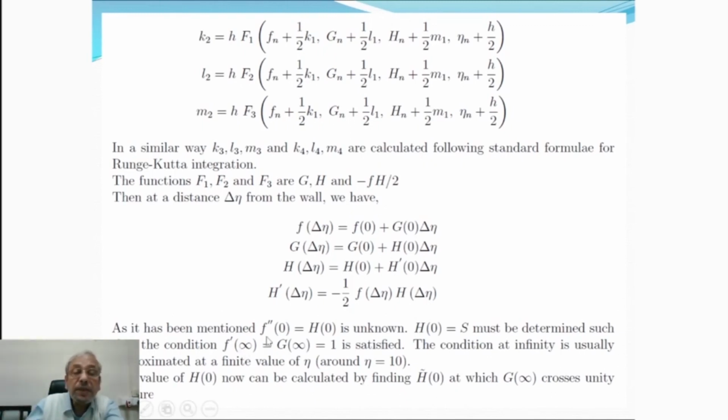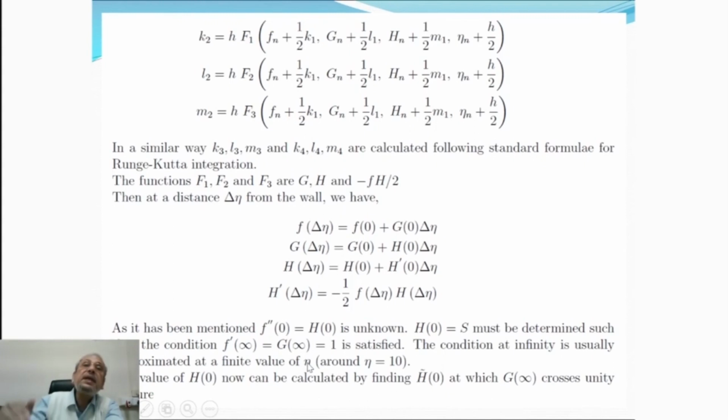As it has been mentioned, f double prime 0 equal to h0 is unknown. h0, equal to say any guess value, must be determined such that the condition f prime infinity, that means g infinity equal to 1, is satisfied. The condition at infinity is usually approximated at a finite value of eta.